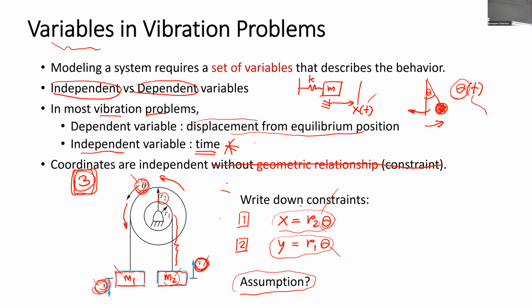If we're not talking about the constraint, the three coordinates X, Y, and theta are describing the motion, the rotation of the pulley, the motion of the mass M1, M2. We have three coordinates without the geometric relationship. But when we consider the geometric relationship or the constraint equation, we have two constraint equations.